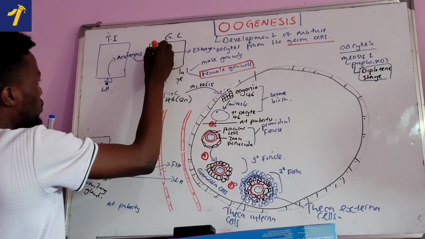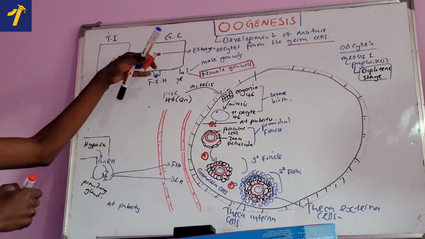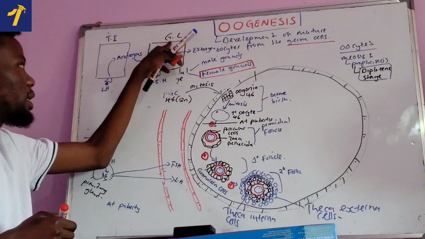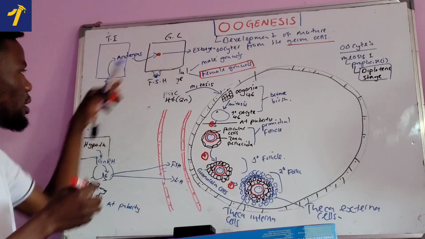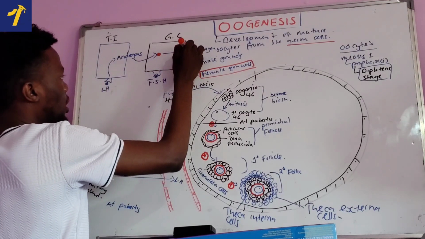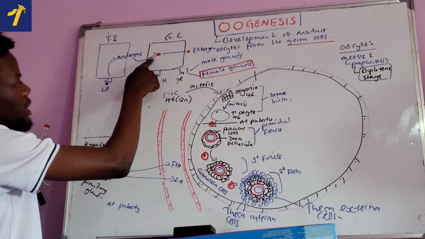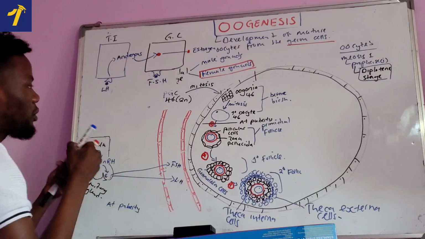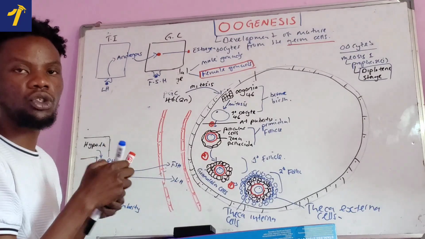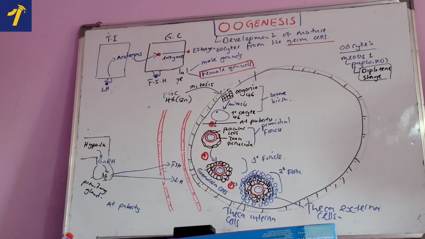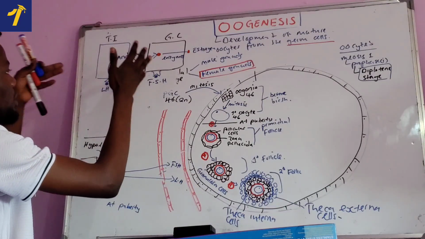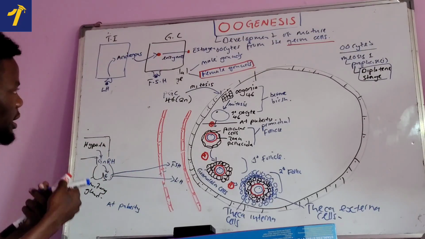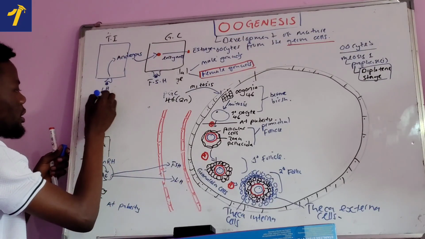So these androgens that were initially in the granulosa cells, upon being stimulated by the follicle stimulating hormone, the granulosa cells will start taking these androgens and converting them into estrogen, by the help of these important enzymes which we call aromatase enzymes. So this is what happens, and this whole process basically is about the production of what?